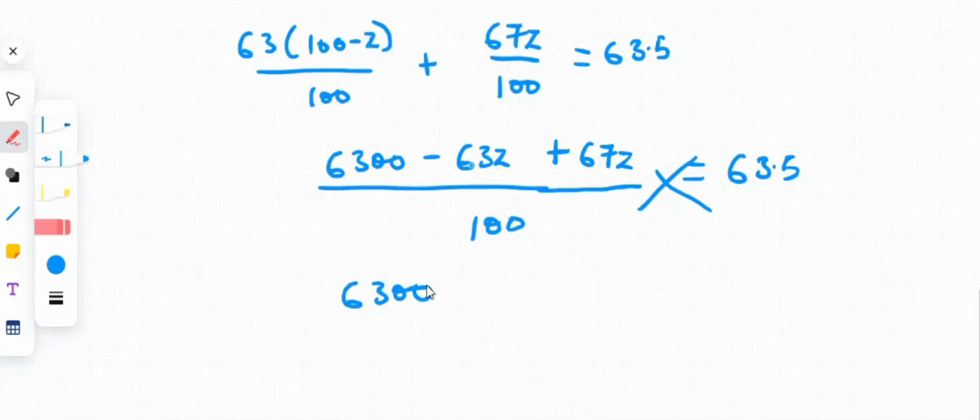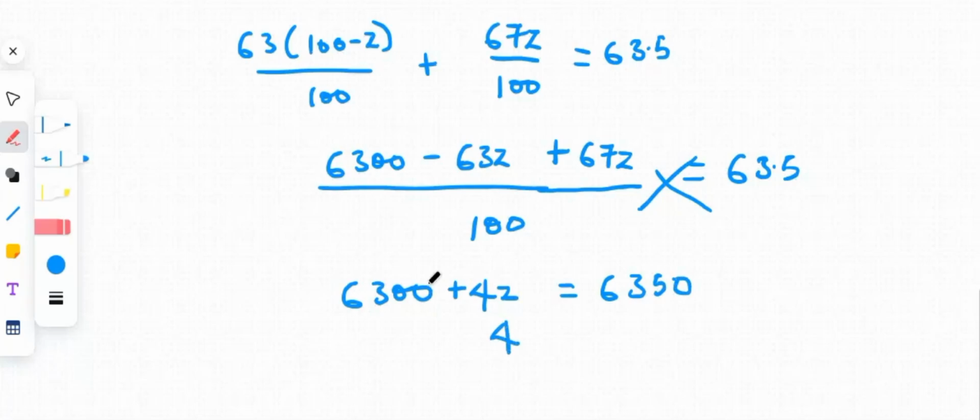So 67 minus 63 is plus 4. So we are left with plus 4z, are you there? So plus 4z is equal to 100 times 63.5, that will give us 6350.